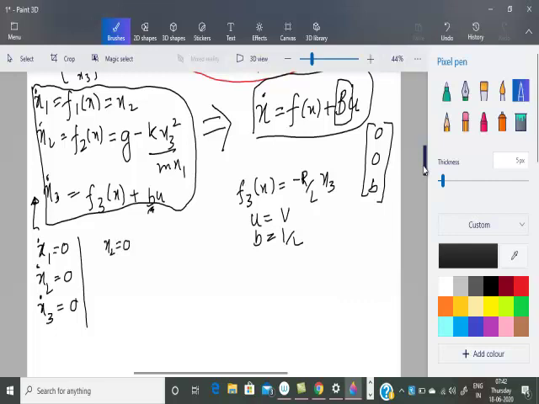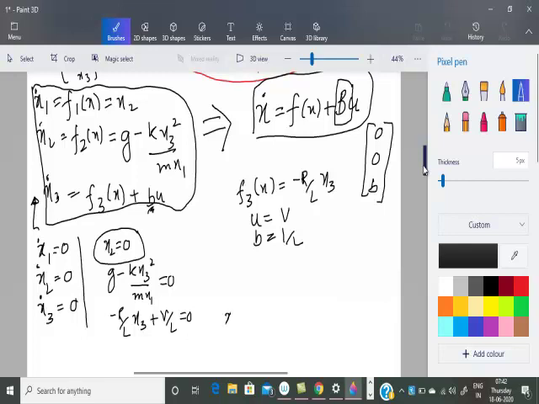If you apply these three conditions on this set of equations, you will get x2 is equal to 0, right? You'll get g minus k x3 square by m x1 is equal to 0, and you will get the third equation, minus r by l x3 plus v by l equal to 0. So this is one point that you obtain.